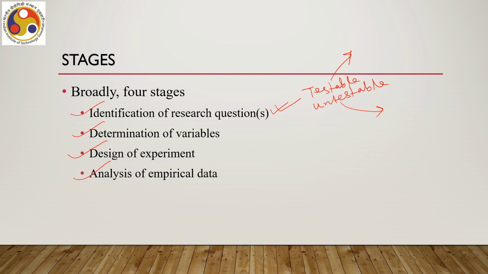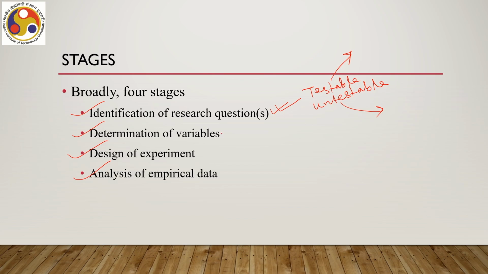Untestable questions can be: is the system usable, is the system good, is the system user friendly, and so on. Whereas examples of testable questions can be: does my system provide less error rate in the first 2 hours of usage? That is about research questions.